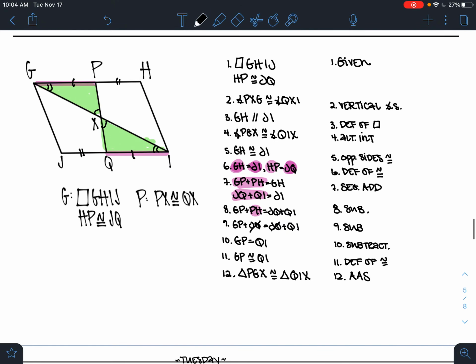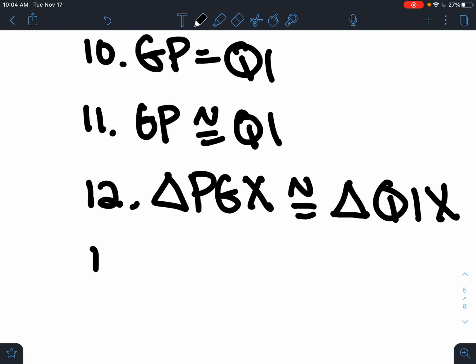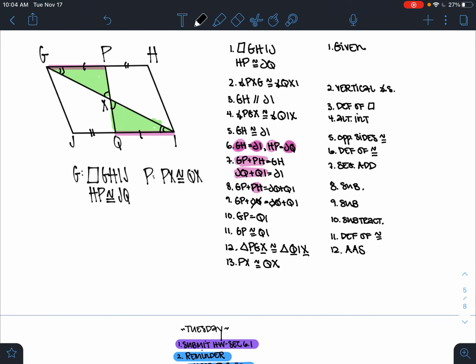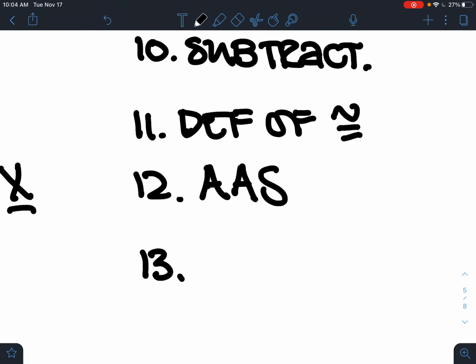And now that I've stated those two triangles are congruent, I can now state that the corresponding parts PX is congruent to QX, and that is by CPCTC.